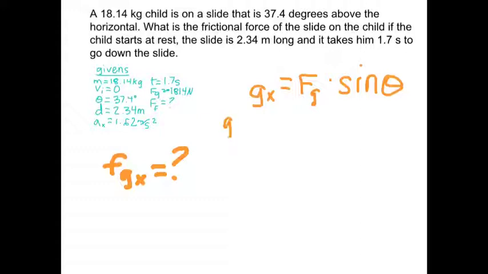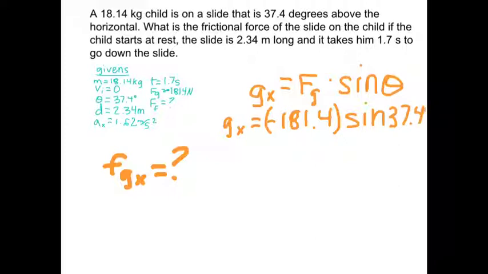So g of x equals negative 181.4 times sine of 37.4. And that gets us g of x equals 110.18 newtons.